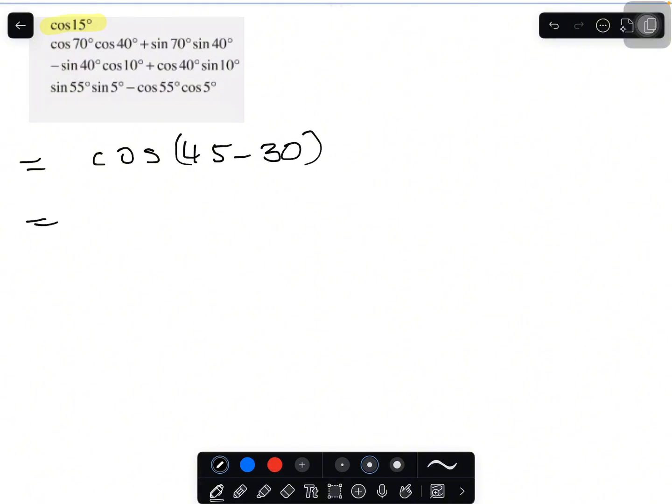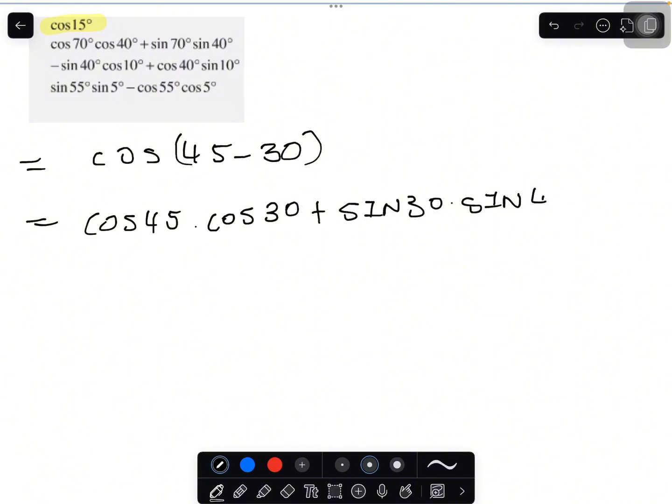And I can now expand this into cos 45 times cos 30 plus sine 30 times sine 45.